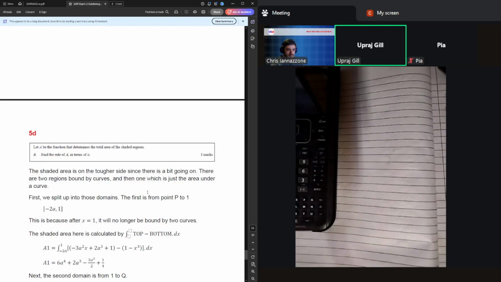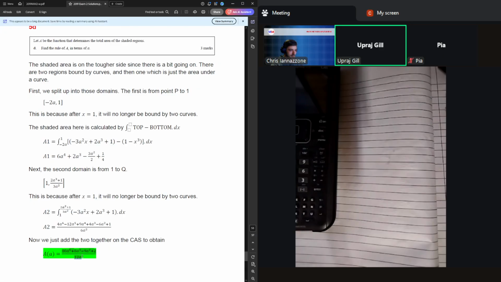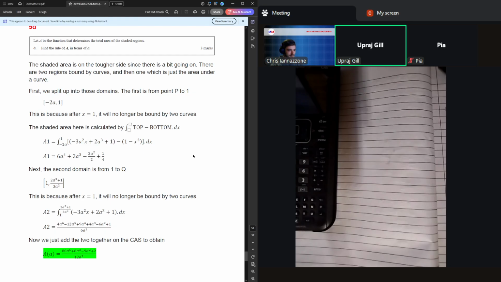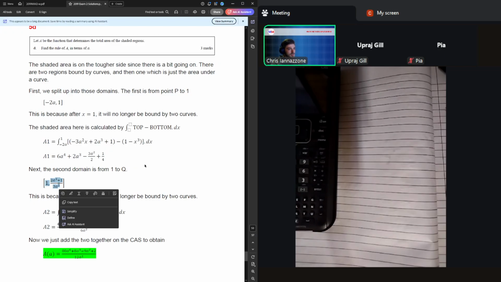Yeah, I got some insane division of polynomials. Did it look like this insane division of polynomials? Yeah. So for the second domain, we actually already had that x value. We solved the x-intercept of the linear a little bit ago, so you're just doing that from 1 to that value. Obviously, because that's a nasty number, when you shove that in, you're going to get a bigger nasty set of numbers.